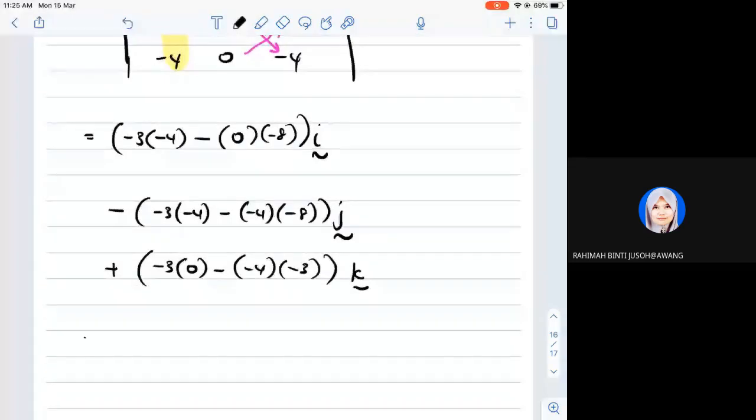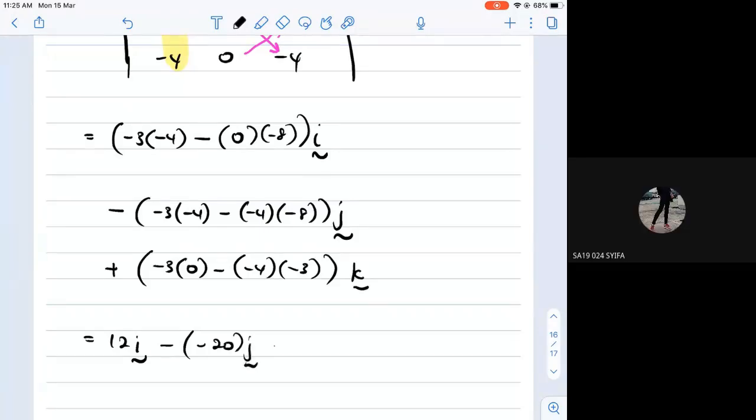So when we solve it, it will become 12I. Okay, the J one, what is it? 12 minus 32. So negative, 12 minus 32, isn't it? So you will get -20, isn't it? For J. Yes. Okay, last, 0 minus 12.